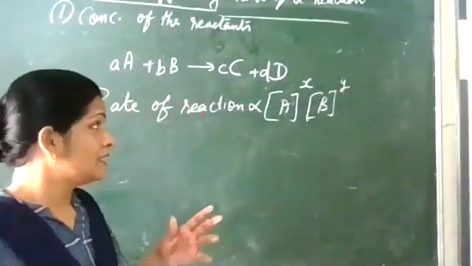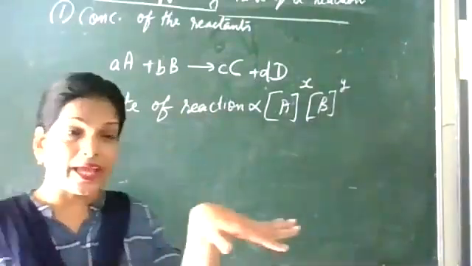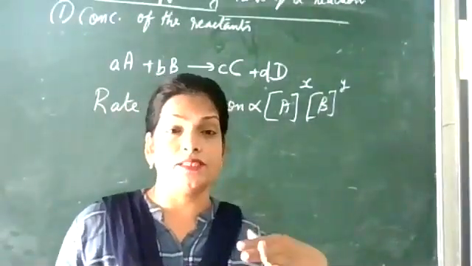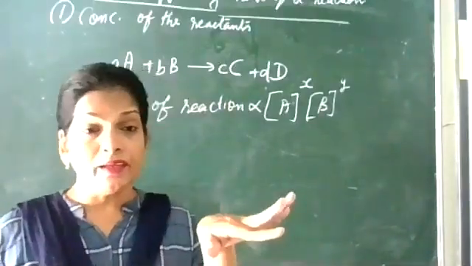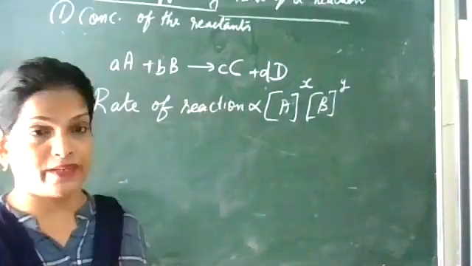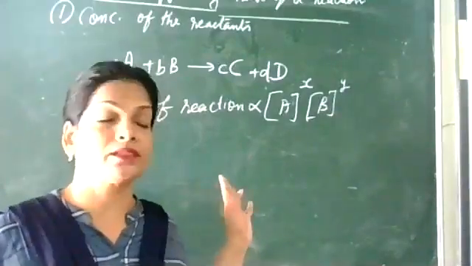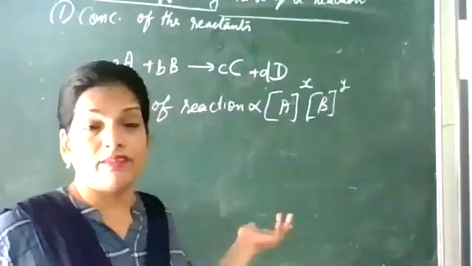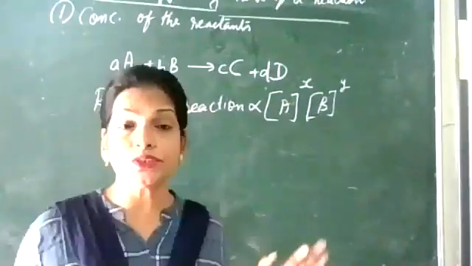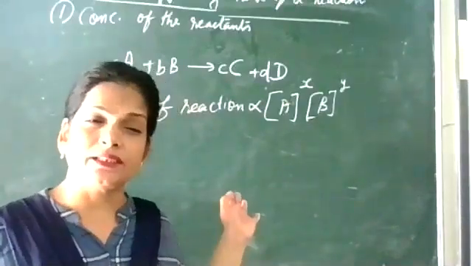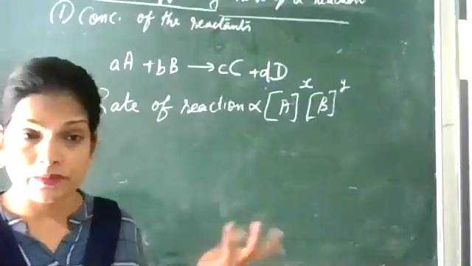X and y show how the rate of the reaction is affected through A and through B. Sometimes y is equal to 0, which means the rate of reaction is not at all affected by the change in concentration of B. If x is equal to 0, the rate of the reaction is not at all affected by the change in concentration of A. That is also a possibility.